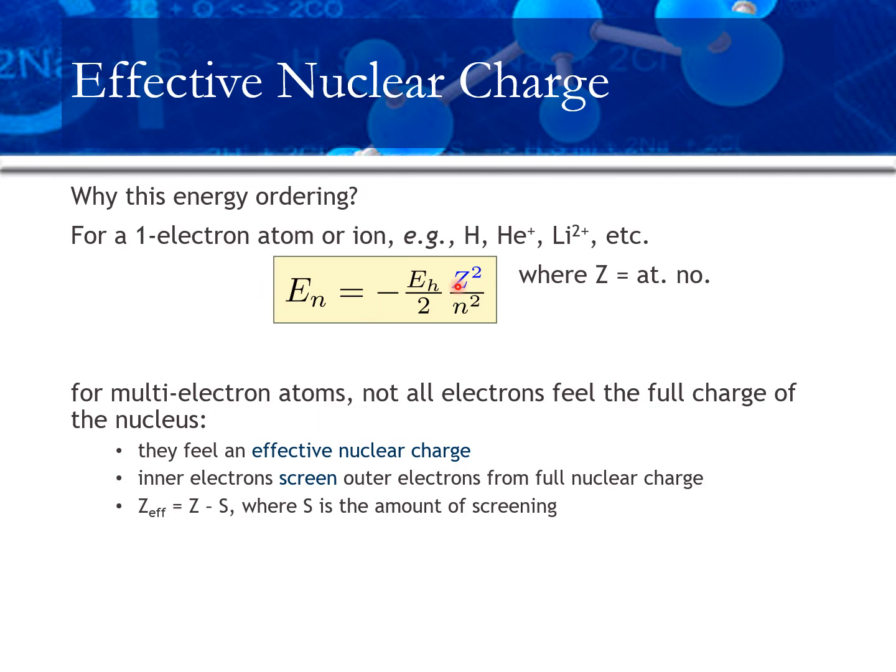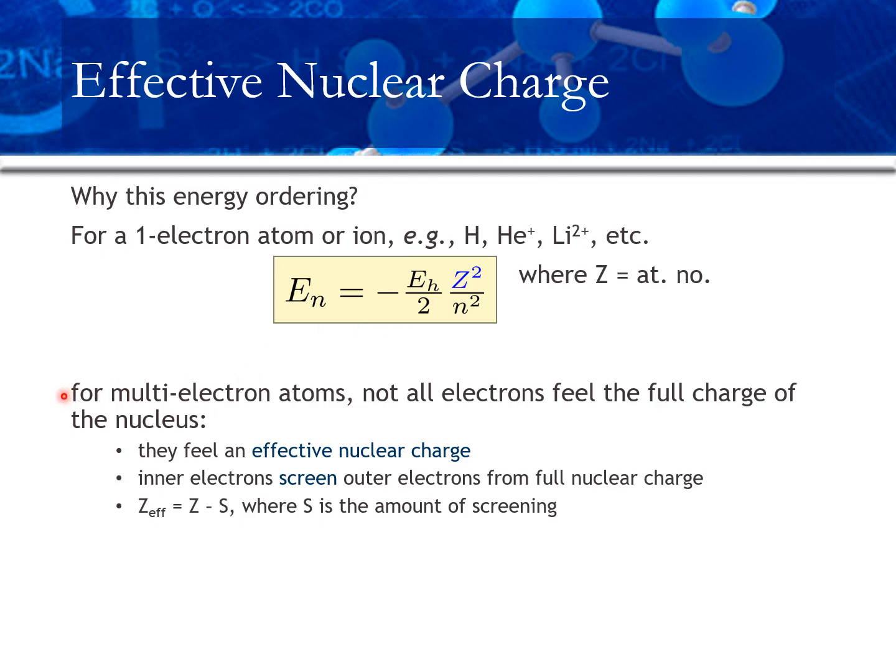And this shouldn't be a big surprise because the atomic number, remember, tells you how many protons are in the nucleus. So if you have a bigger positive charge in the nucleus, it stands to reason that the electron is going to be more strongly attracted to that bigger positive charge. Positive charges attract negative charges. That's essentially what determines the energy of these subshells.